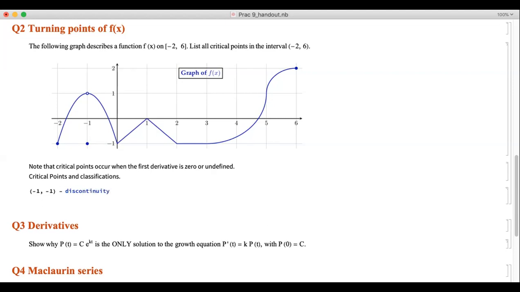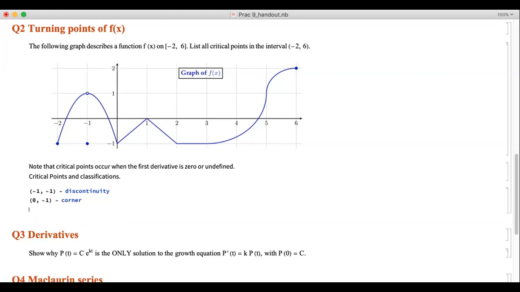Anything else? Kai, you have said 0, -1. 0, -1 is a critical point. Is the derivative defined or undefined? Undefined. Okay, it's a corner. Derivative is undefined. Anything else?